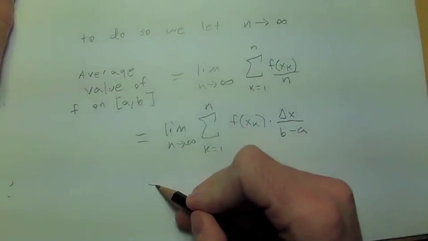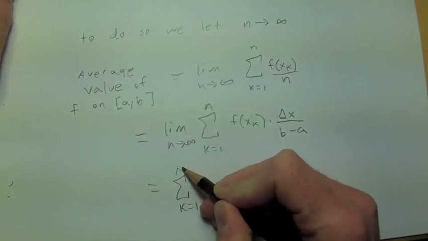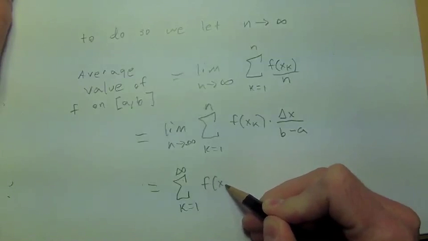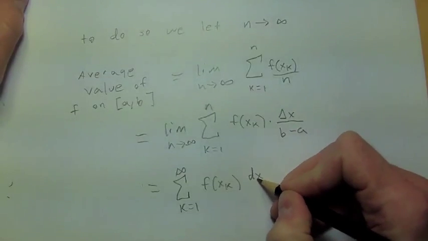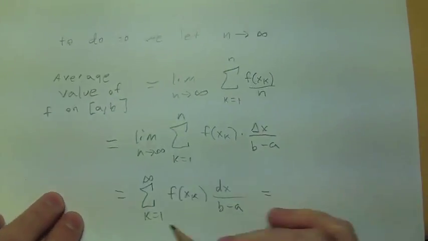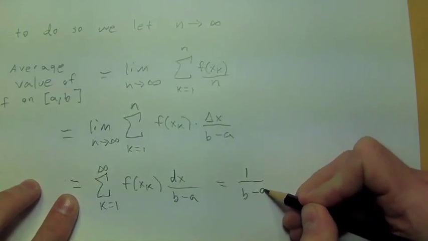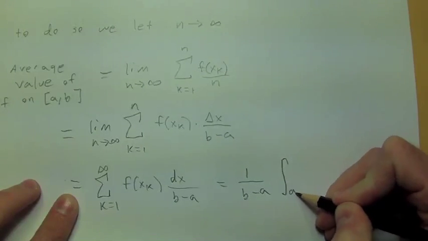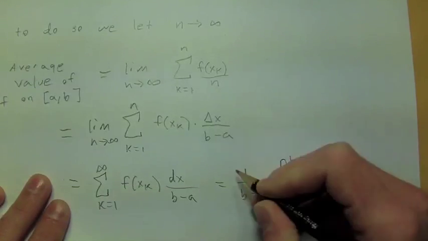When I bring the infinities in, then I'll call it a dx. Okay, so this is dx over b minus a. And I'm going to factor the b minus a out. This is 1 over b minus a times the integral from a to b, f of x dx.